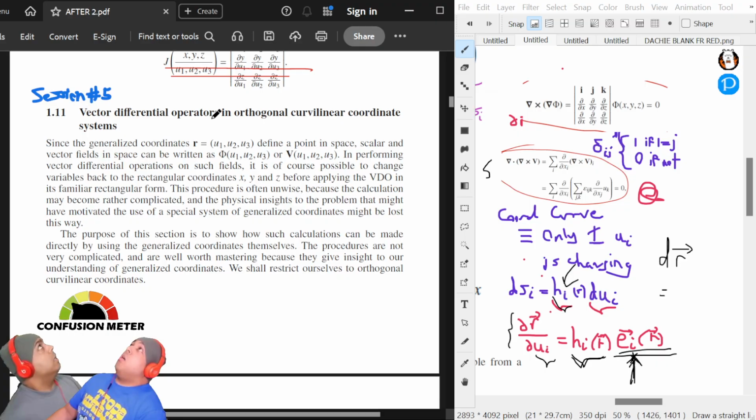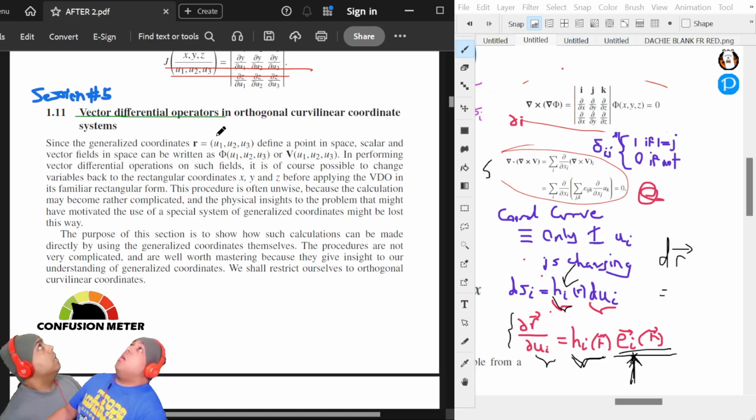Vector differential operators. What's the time? 14 minutes. Vector differential operators in orthogonal curvilinear coordinate systems.